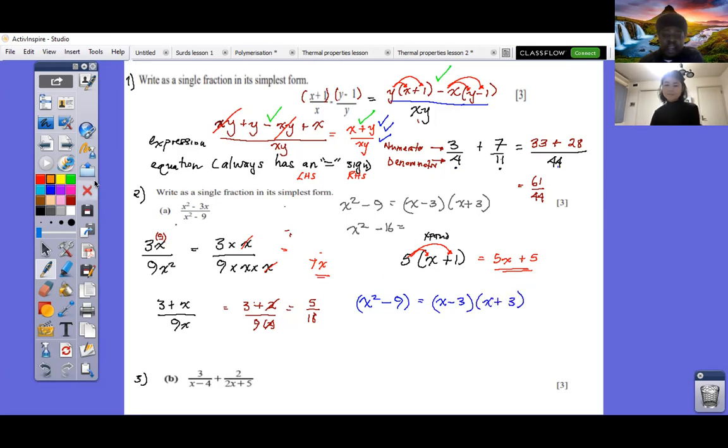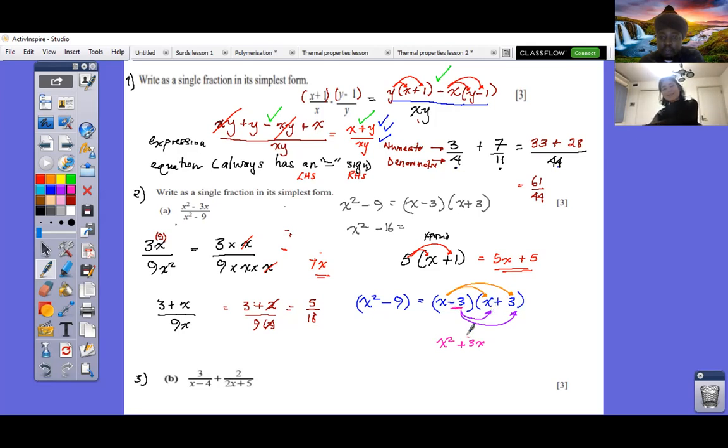And if we expand this, I'm going to times this by that and this by that. And then I'm going to times this to that and then this to that. You happy with that? That's how we expand two brackets. So what is x times x? We're going to do the first first. X squared. Good. And what is x times 3? 3x. Okay. And what is minus 3 times x? You need to take the sign.